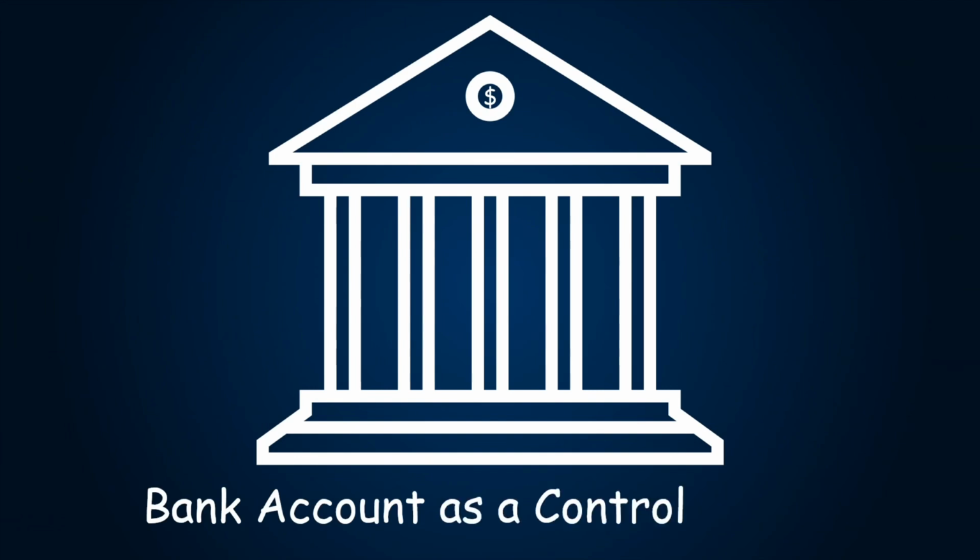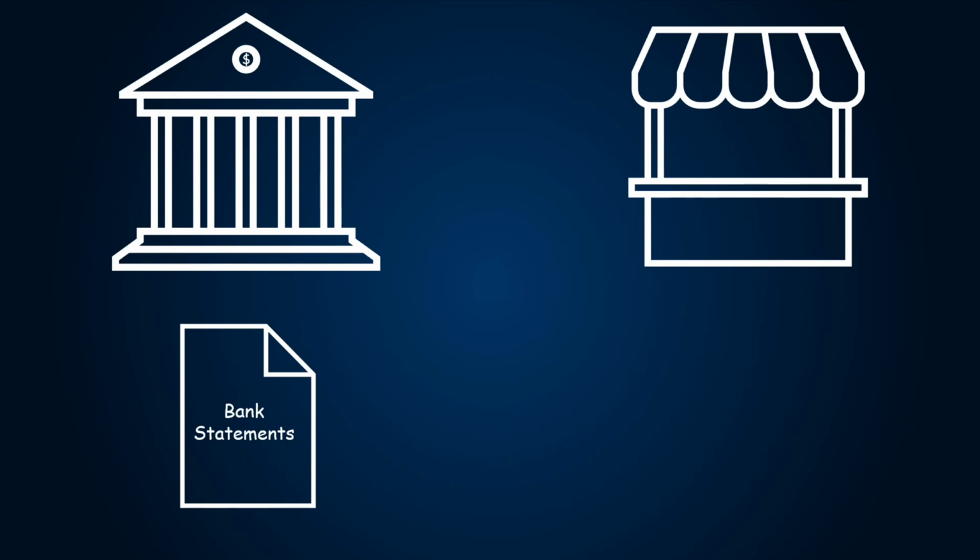Businesses use their bank account as a control device. The most obvious control is the safeguarding of cash. But from the business's perspective, there are controls of value beyond that. Consider the independent records kept by the bank, which the business has access to in the form of bank statements.